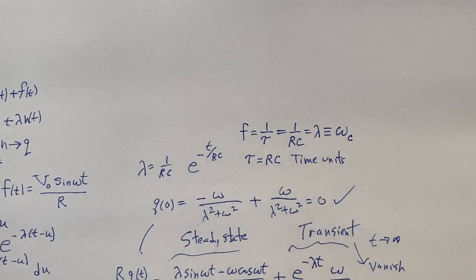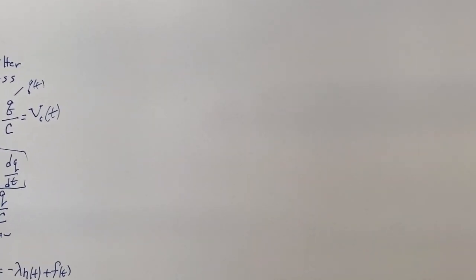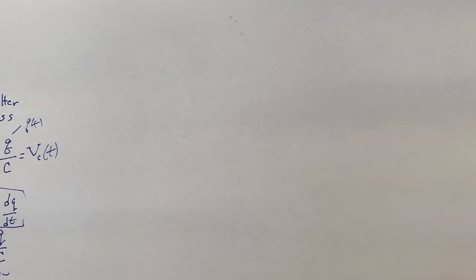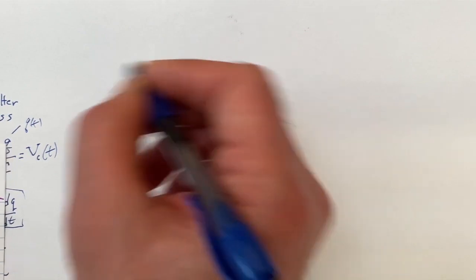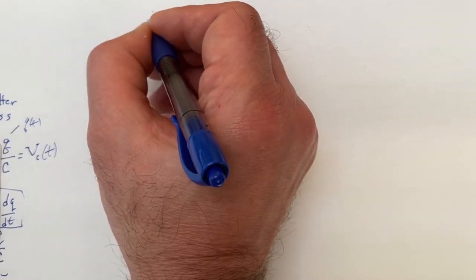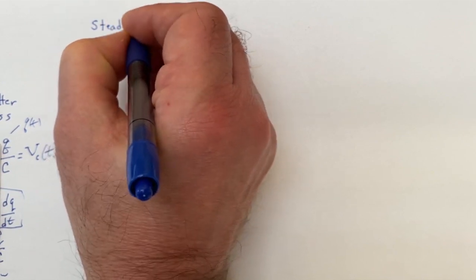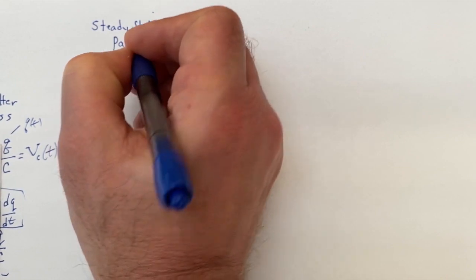I think we're ready now to do some tricks with talking about phase. For this, what I would like to do is look at the transient, not the transient, it's gone. Look at the steady state. So let's look at the steady state part of the solution.